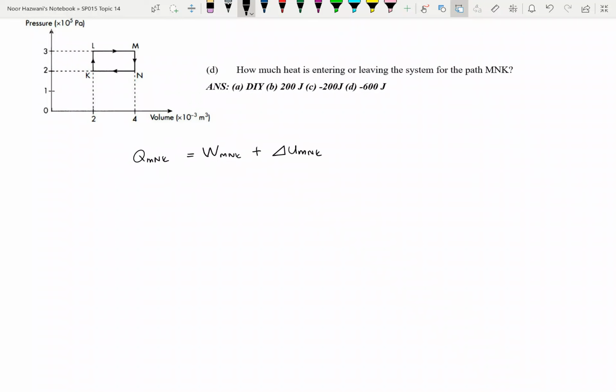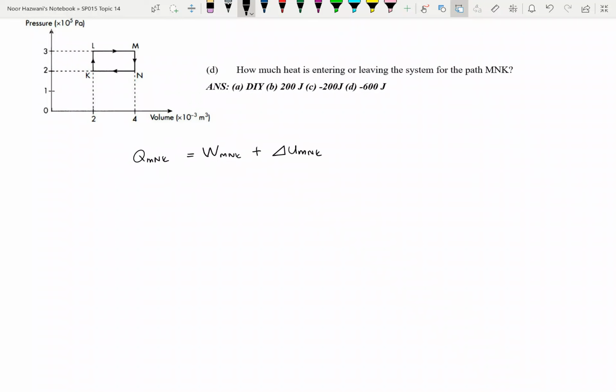So, since M and K involves two processes, okay, if you look here, M to N is one process, N to K is one process. Okay, this is the first process and this is the second process. So, M to N happens at constant volume, therefore its work done is 0. So, we will add work done MN plus work done NK.